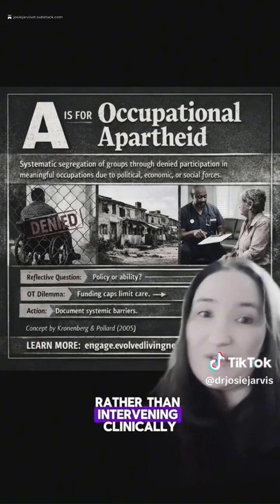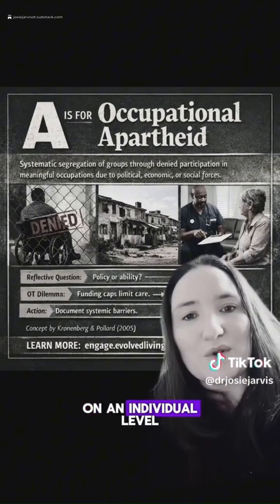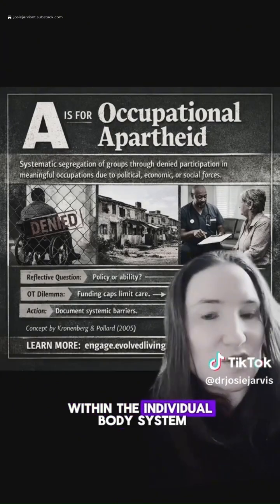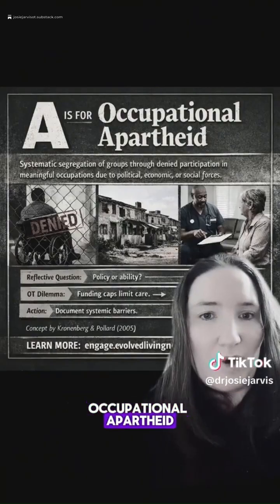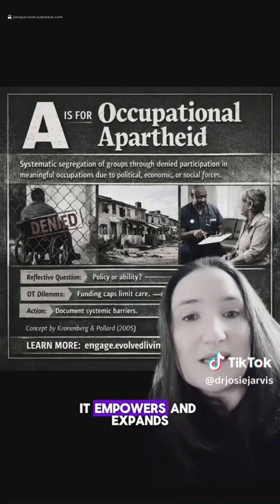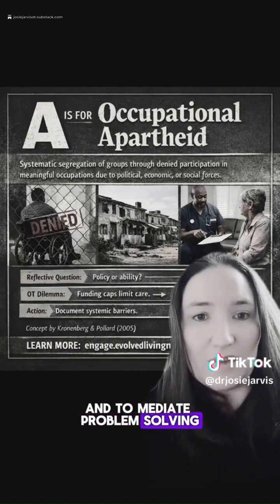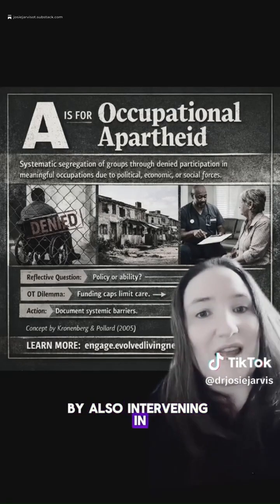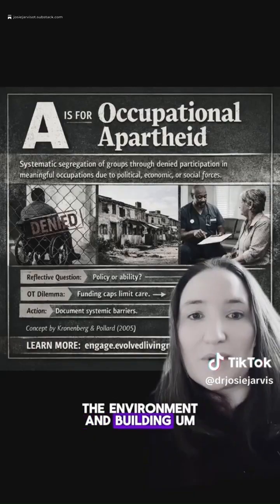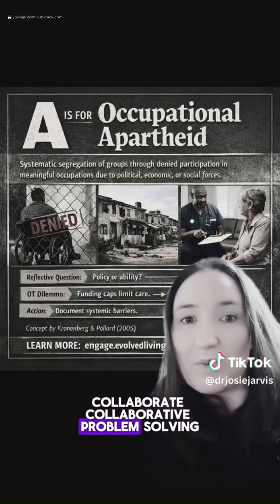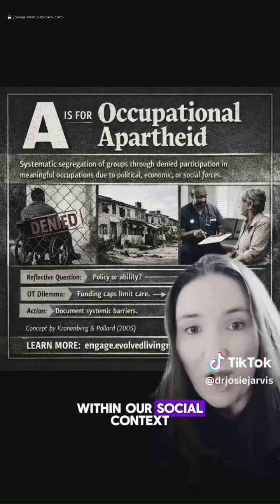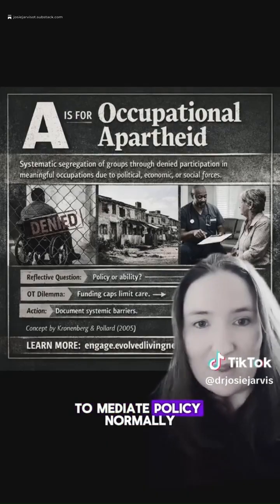Rather than intervening clinically on an individual level within the individual body system, occupational apartheid empowers and expands us to build collaborations and to mediate problem solving by also intervening in the environment and building collaborative problem solving within our social context to mediate policy.